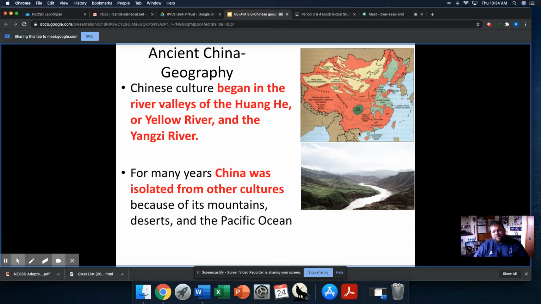And even on the southern end of China, a lot of this is very dense forest. So this almost has an Amazon jungle effect, where it serves to isolate China geographically also. So those are important things to make note of. All right, next.